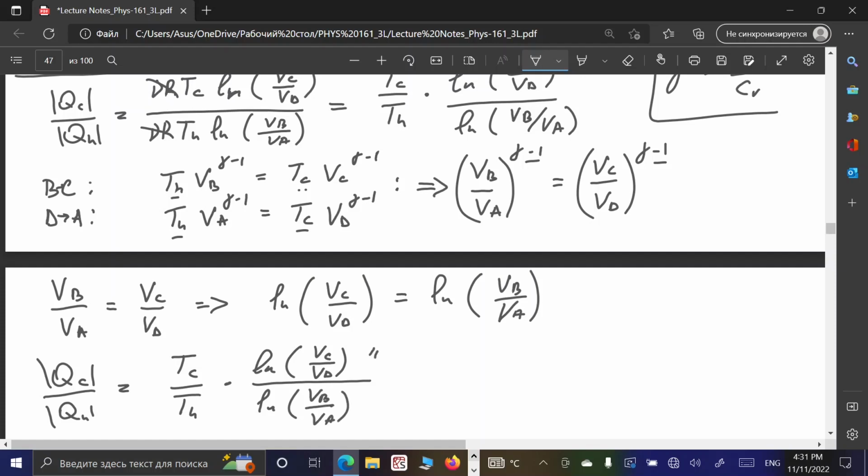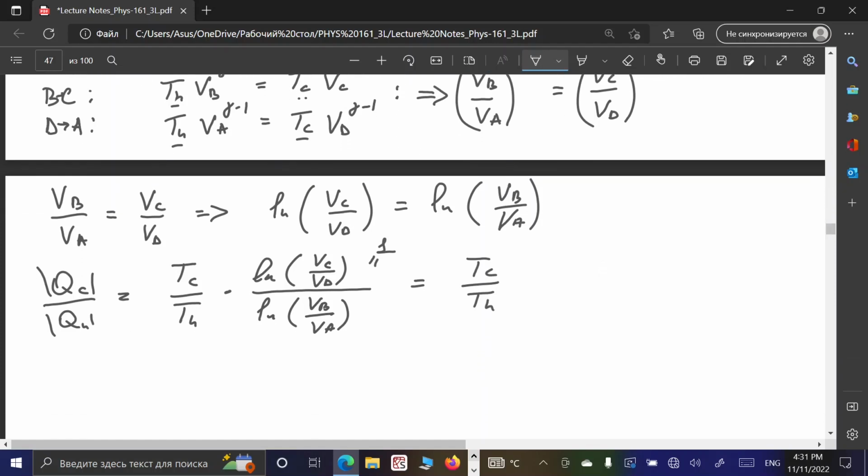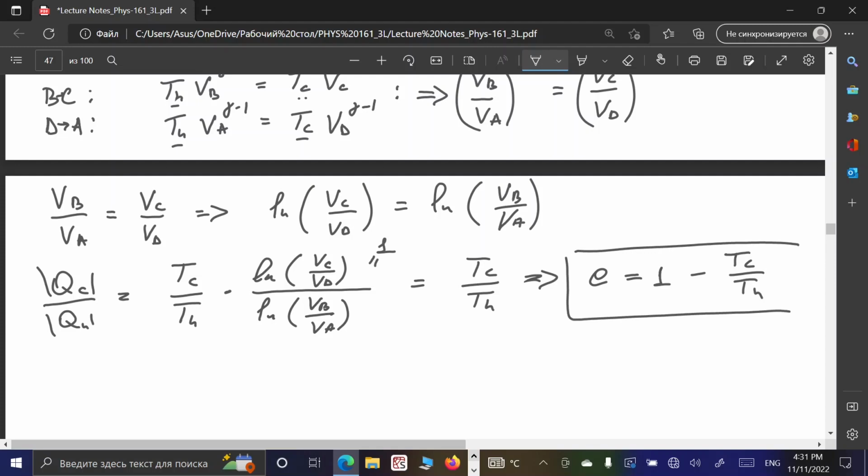And this ratio will be equal to unity, since the numerator and denominator are the same. So eventually it will be Tc over Th. And based on this, we can write that the efficiency of the Carnot cycle will be unity minus Tc over Th. That is the equation for Carnot cycle efficiency as a heat engine.